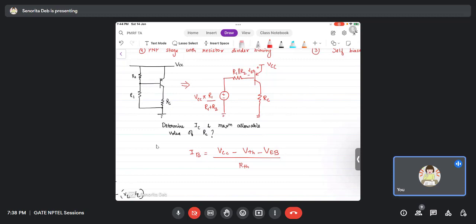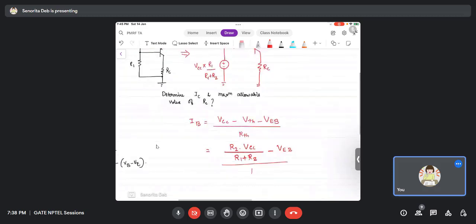Once you put in the value of VThevenin, you will get R2 times VCC by R1 plus R2 minus VEB, divided by RThevenin, as IB.